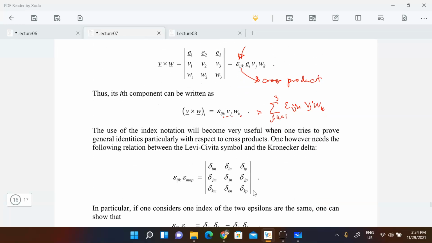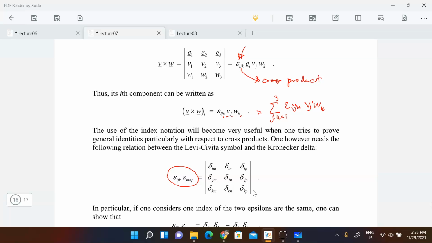One of the key things with this epsilon is that it obeys this relationship. The product of two epsilons is equivalent to the determinant of your Kronecker delta.